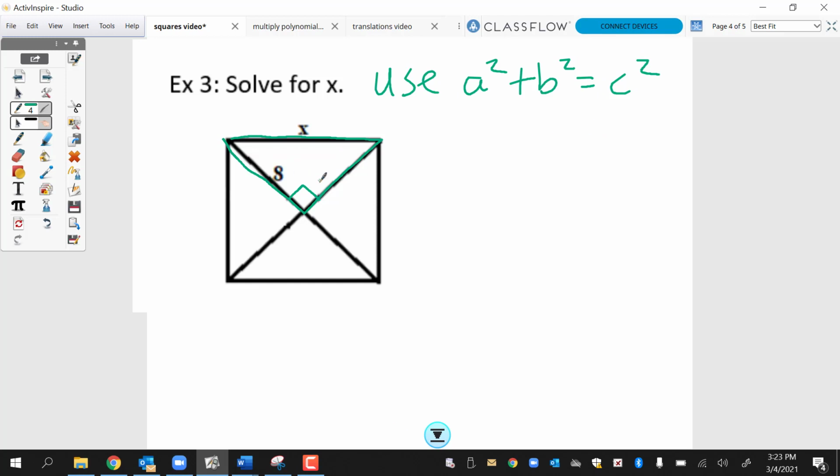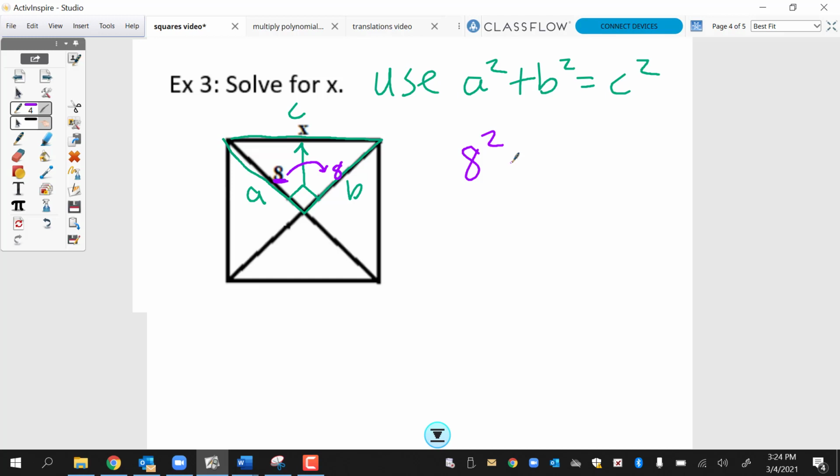Now the problem is, I know across from my 90 is c, and these are a and b. But I don't know what b is right now. Or do I? They tell me that this part over here is 8. And according to our notes, all diagonal parts are equal. So that means over here, this is also an 8. And now I have 8 for a and 8 for b, and I'm solving for x.